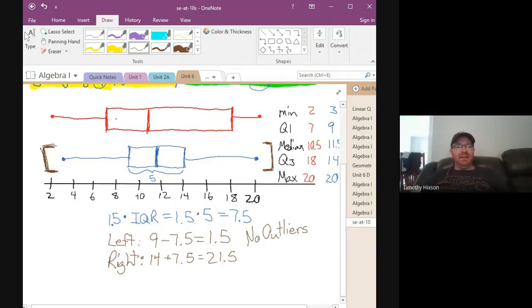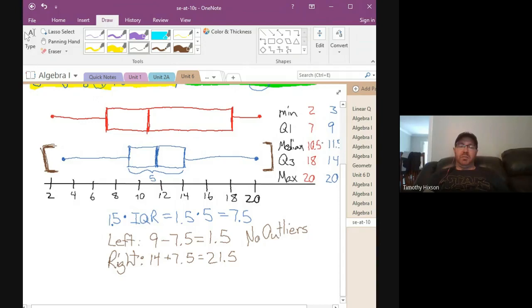So if you have any numbers that are between Q1 and Q3, they cannot possibly be outliers. All right. So say for the red data, even without calculating it, if I asked you if say 11 was an outlier, well, that's between 7 and 18, so that's definitely not an outlier.